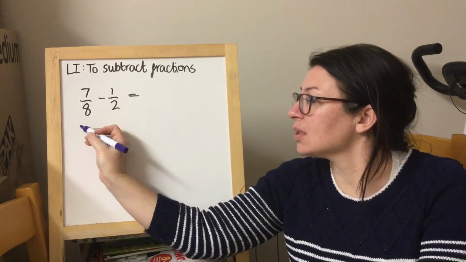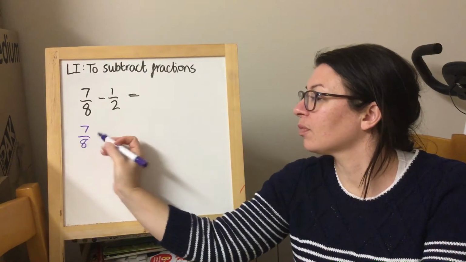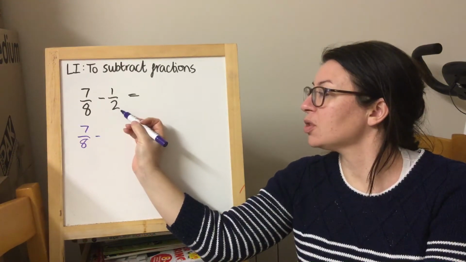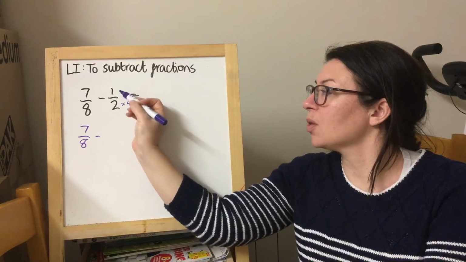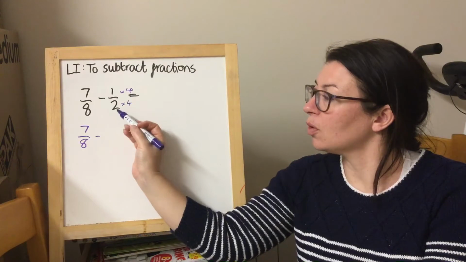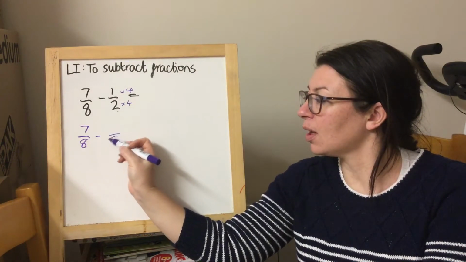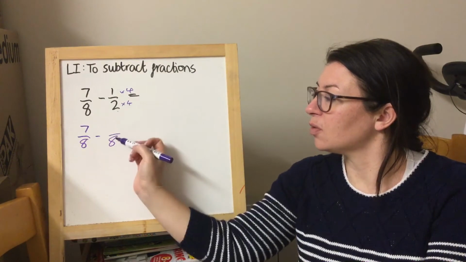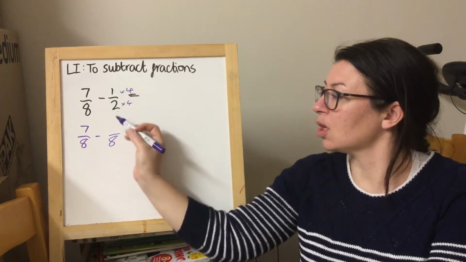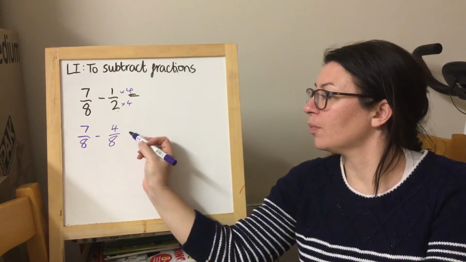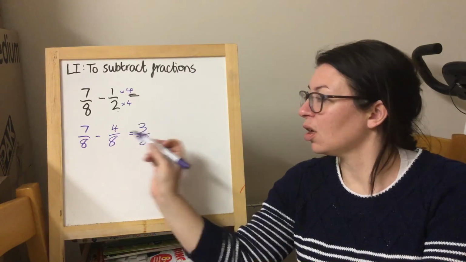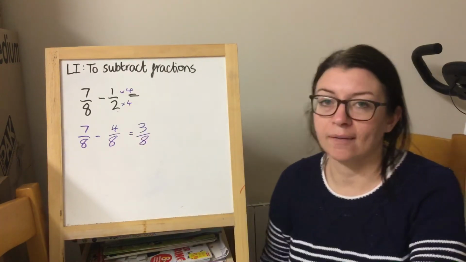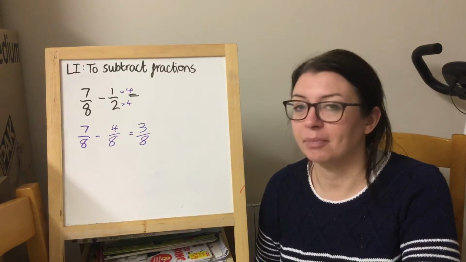So we keep our 7/8 the same and we change our 1/2 to an equivalent fraction, which means we have to times the top and the bottom by 4 to make our 8. So 2 times 4 is 8, 4 times 1 is 4. So our answer is 3 over 8. 7 take away 4. That's it.